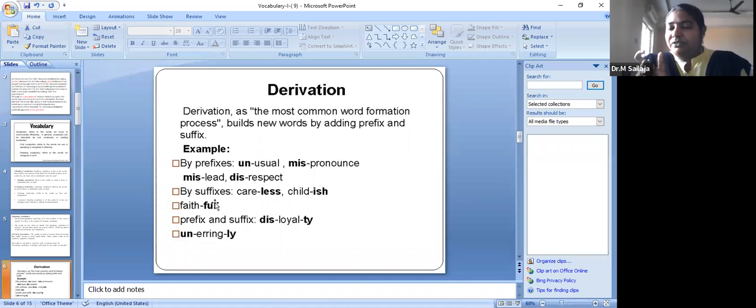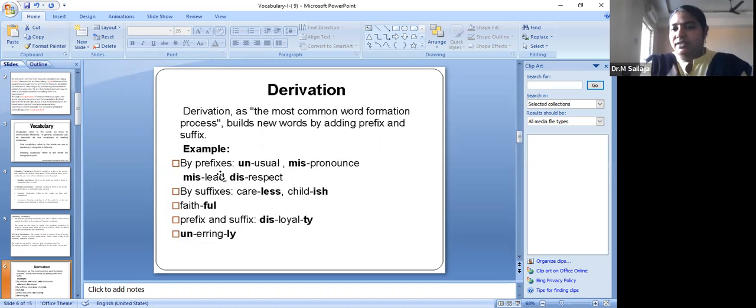Simply, we take a common word and add something to the front of it, and it becomes a new word. And if we add something to the back of that root word, again it is considered a new word, right?